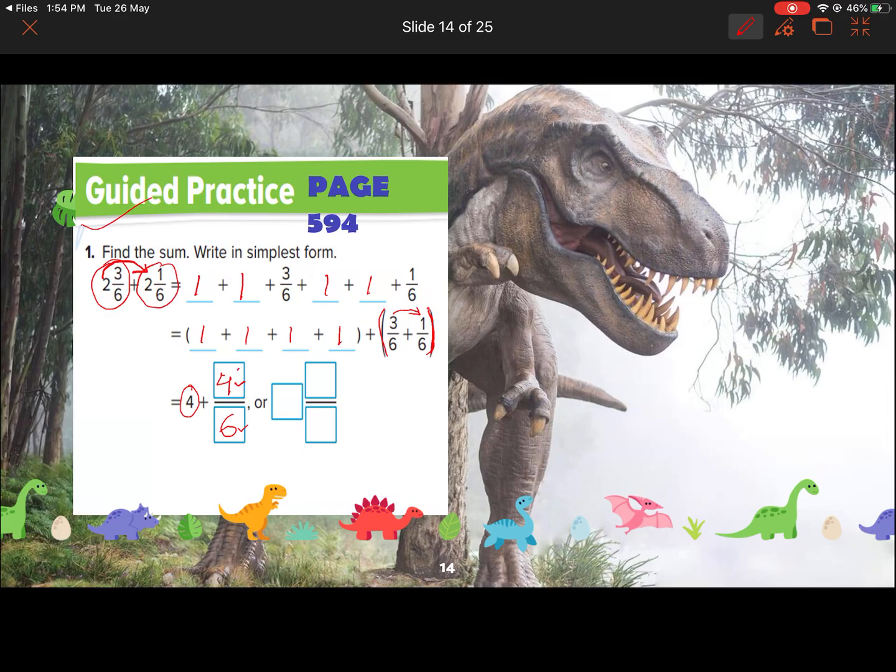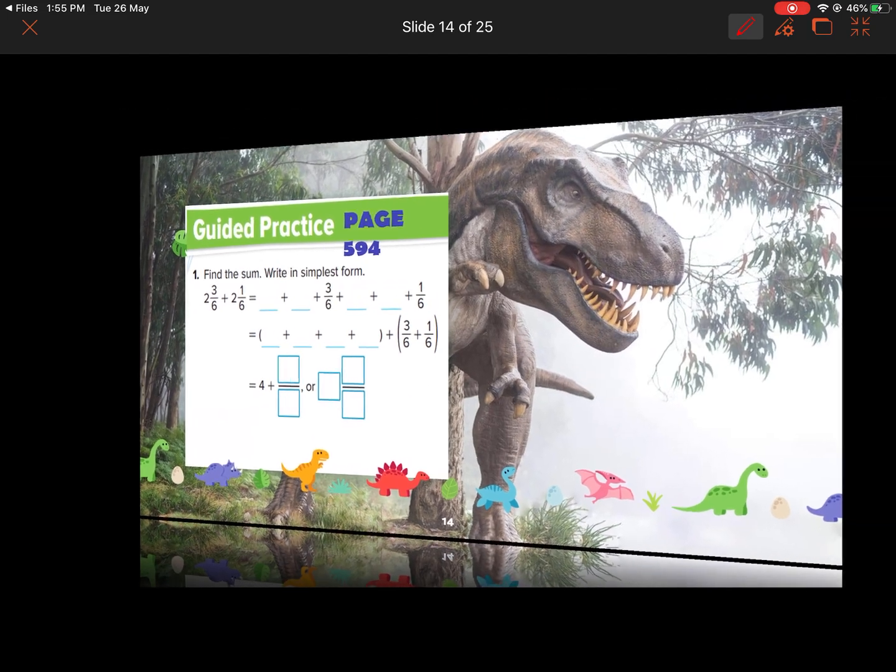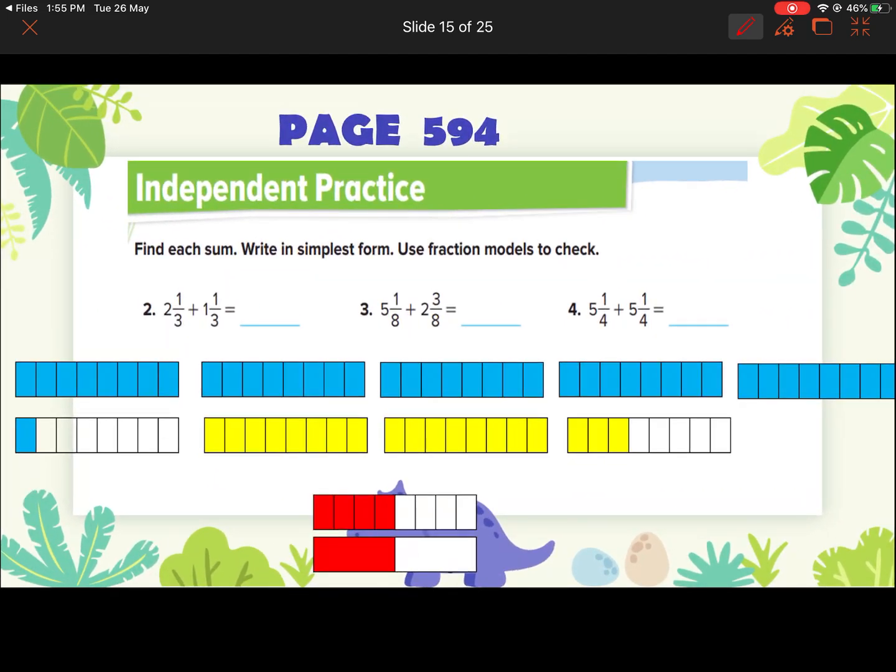Read the multiplication table of 2 to get 4 and 6. 2 times 2 gives you 4 and 2 times 3 gives you 6. So what is the final answer, which is in the simplest form? 4 whole 2/3 is our answer.